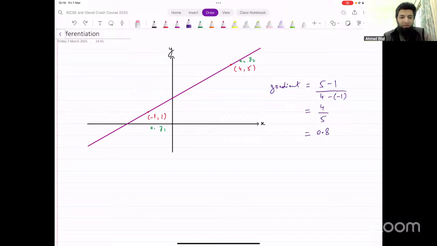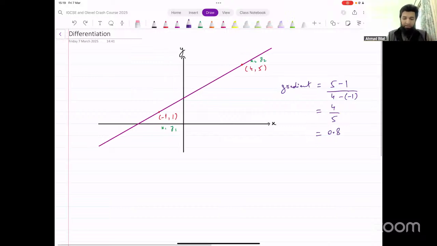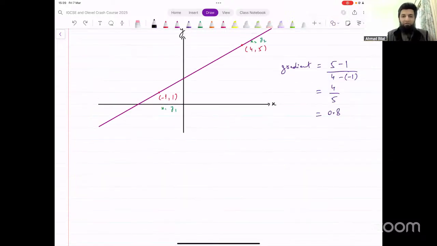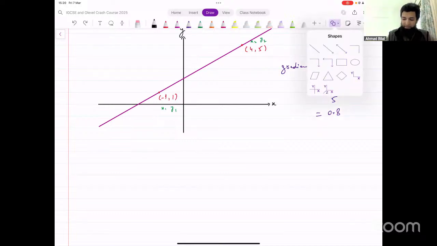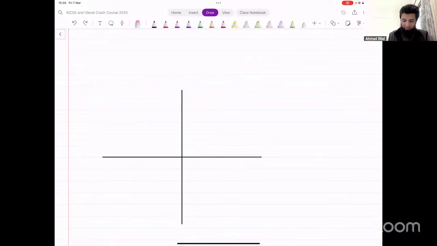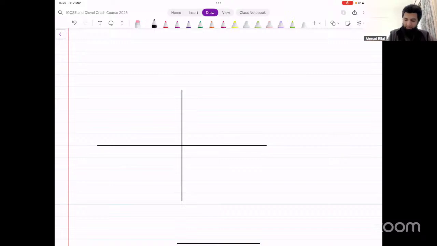But what about gradients of curves? If we have a curve, how can we find the gradient of a curve? How would that work? Let's understand that. Let's say instead of a straight line, we have a curve, and we want to find the gradient of the curve now. Let's take an example. This is y here, this is x.